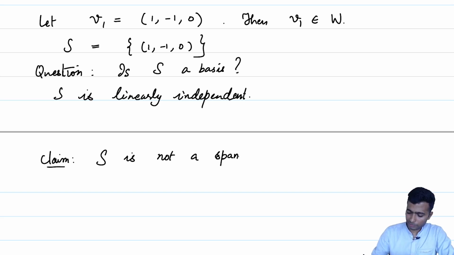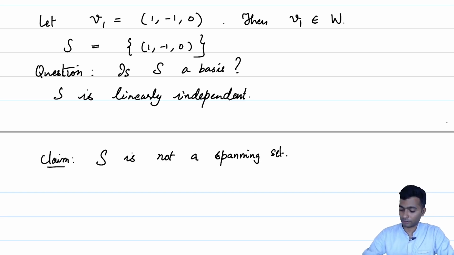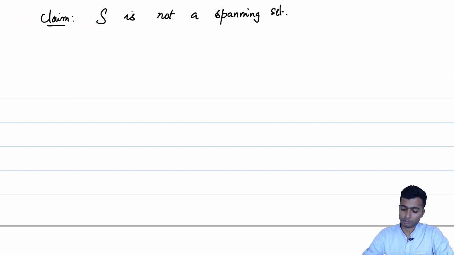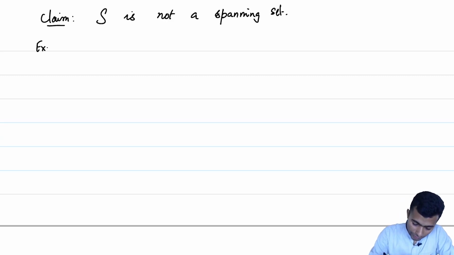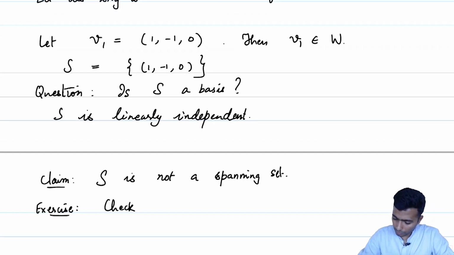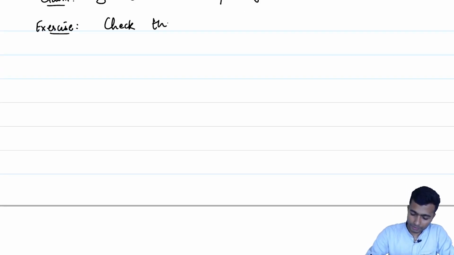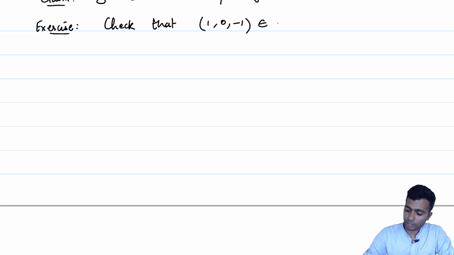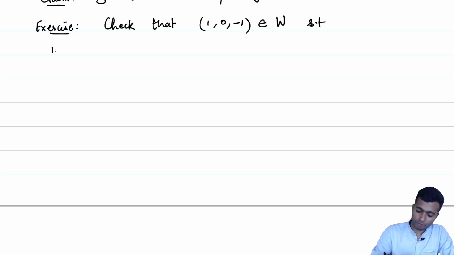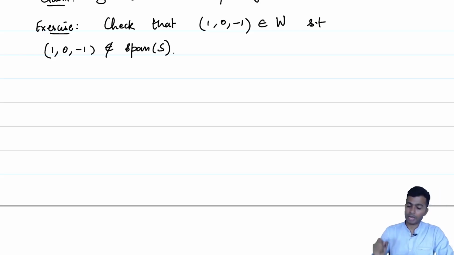In fact, I will explicitly give you a vector in W which is not in the span of S. Let me leave it as an exercise for you to check that our vector was (1, 0, -1). Check that (1, 0, -1) is an element in capital W such that (1, 0, -1) does not belong to the span of S, and therefore S is not a spanning set.